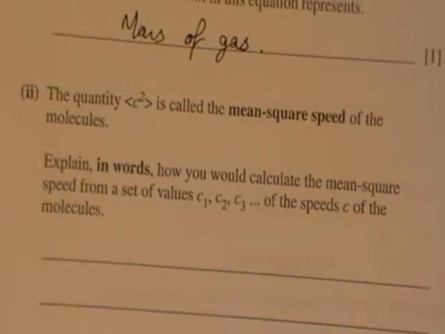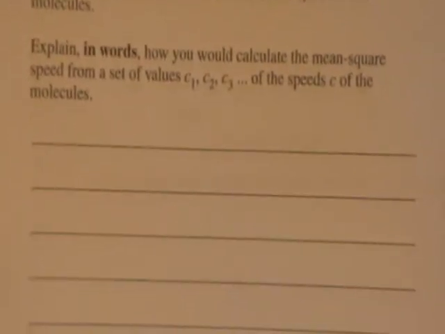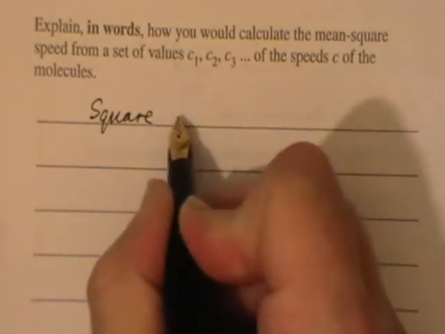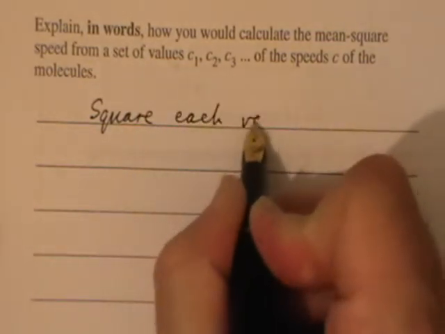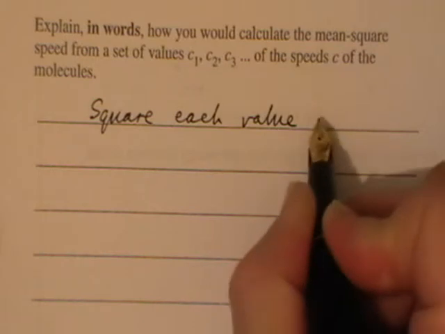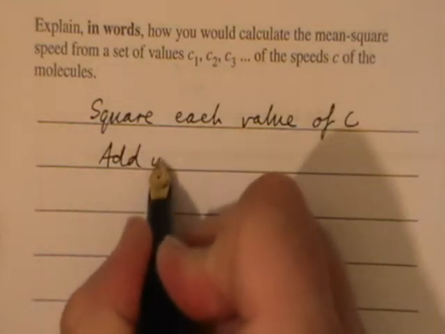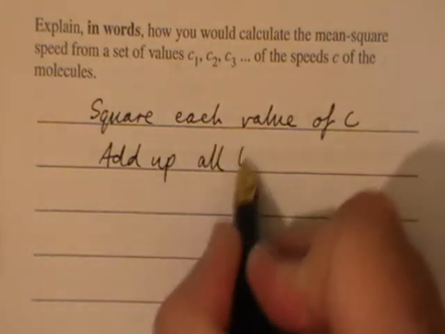Explain in words how you would calculate the mean square speed. Well, in order to calculate the mean square speed, the first thing to do is square each value of c. So we take each value of c and we square it. Then we add up all these squared values.